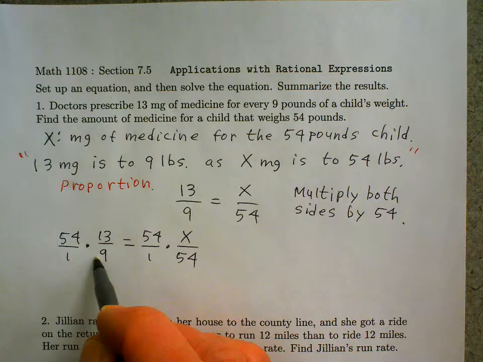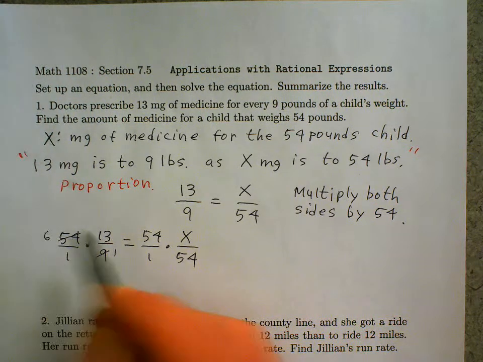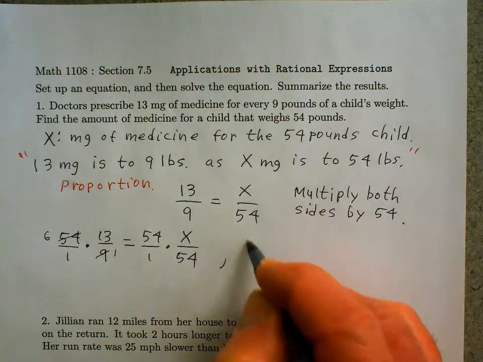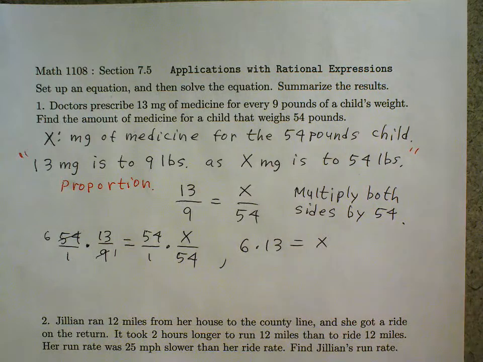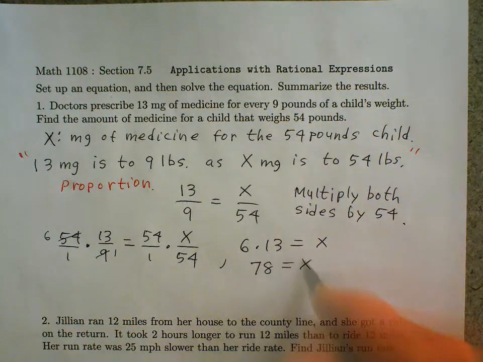So 9 goes into 9 once, and 9 goes into 54 6 times. So now we just have 6 times 13 equals X, or 78 equals X.